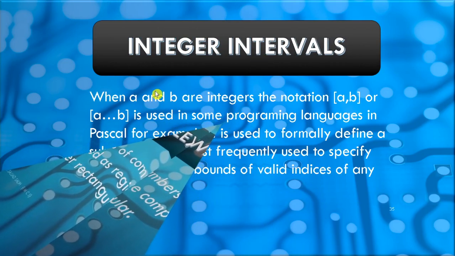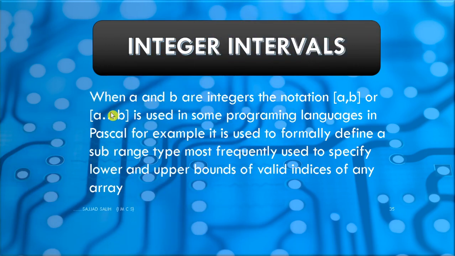Integer intervals. What are the integer intervals? The definition says that when a and b are integers, the notation [a, b] as a closed interval, or a..b, is used in some programming languages. For example, Pascal is a programming language in computer science.